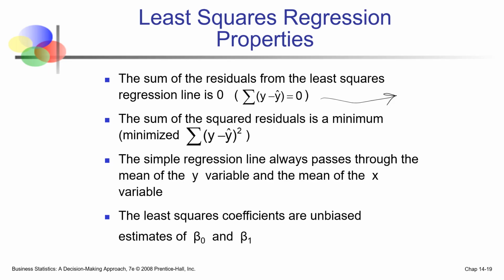Y cap is the estimated value, and the sum of y minus estimated y is always zero. So you can easily prove this one. And also the sum of the squared residuals is minimum. This is a standard assumption. So you can easily say how your regression analysis has the minimum residual value.